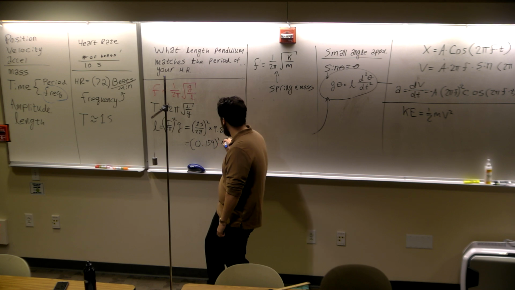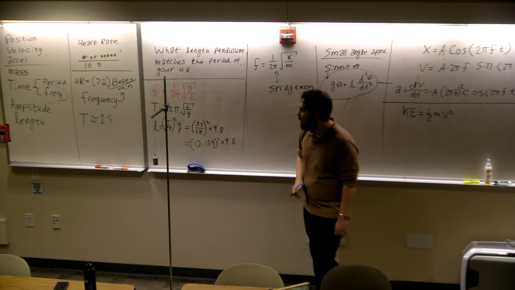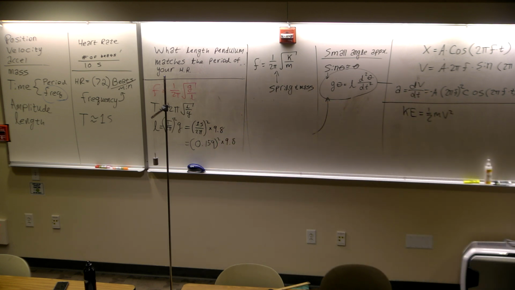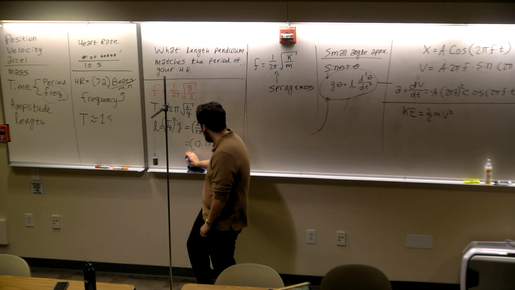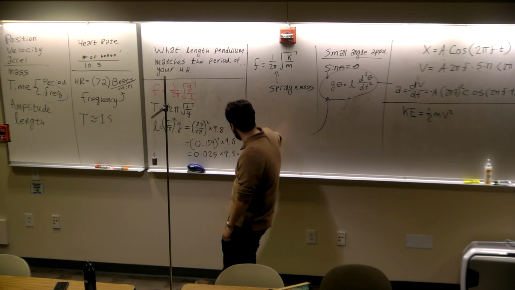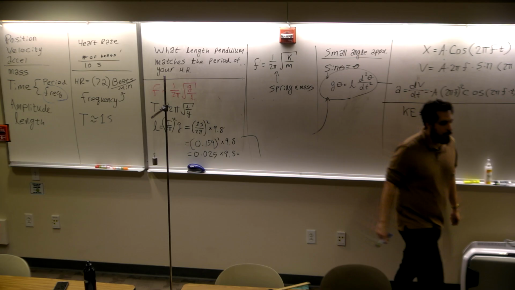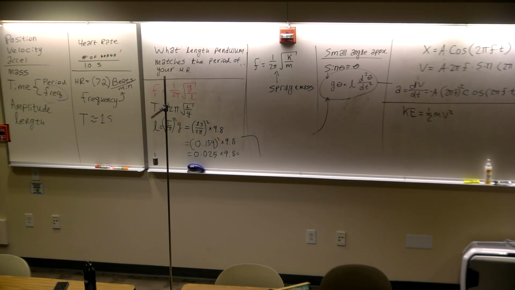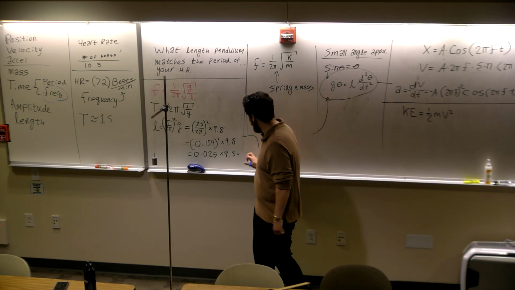The quantity squared, 0.159 squared, is 0.025. Then 0.025 times 9.8, excluding units just for expediency, should be about 24 centimeters, or 0.24 meters.